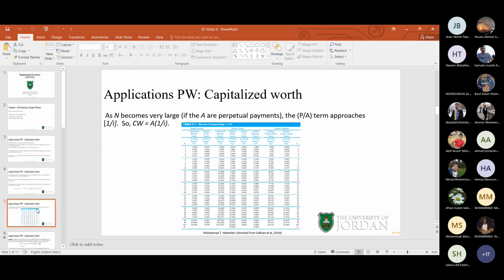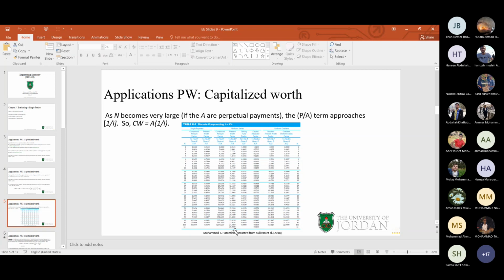On the annuity tables, Appendix D or Appendix C, right after our usual annuity tables, if you can see that with the interest period, when the interest period goes all the way to infinity, I can find P given A, which is gonna be our capitalized worth. فبالتالي the value of find P given A, for example, in this page, the interest rate is 4%. فبالتالي 1 divided by 0.04 would be 25.00.